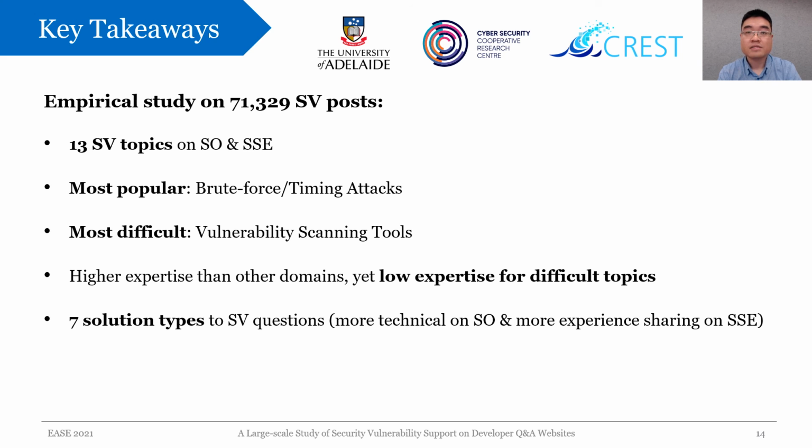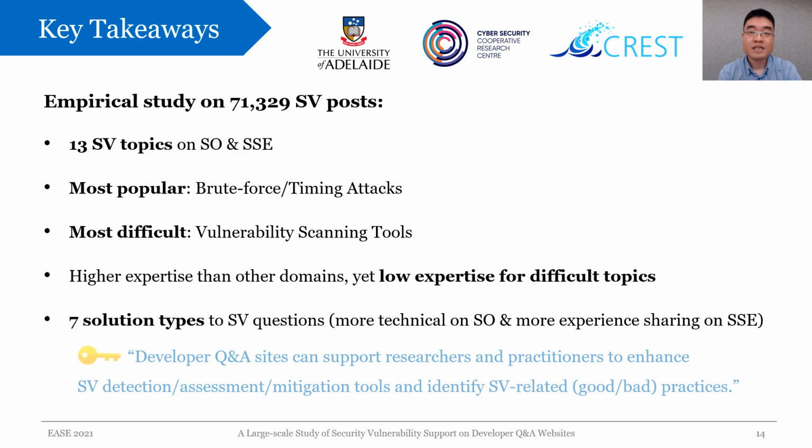Among these topics, the difficult ones seem to lack attention from experienced users. 7 main solution types have also been identified, in which Stack Overflow provides more technical solutions and Security Stack Exchange has more experience sharing. In short, each Q&A site does support vulnerability discussions, yet with varying extent for different topics, which can be integrated to enhance the tools and understand the practices in this domain.